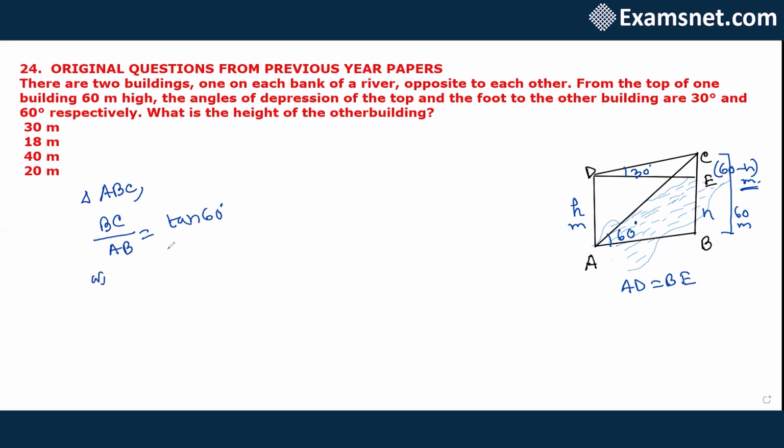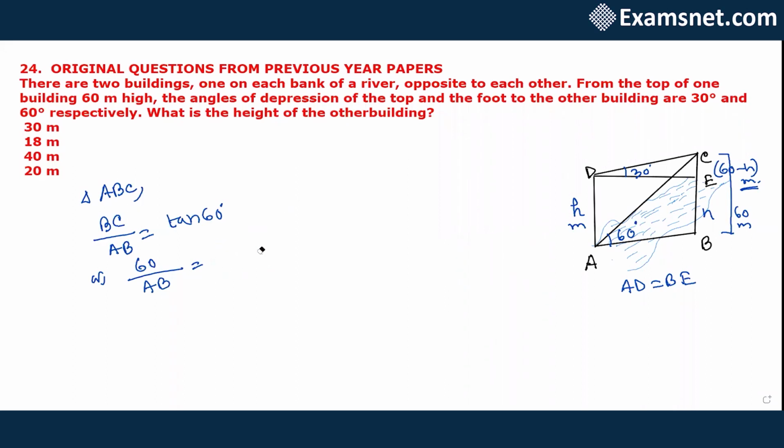Now the BC is 60 meter. So 60 by AB equals 1 by root 3. Tan 60 degree gives us the value 1 by root 3. Sorry, this part must be trimmed.